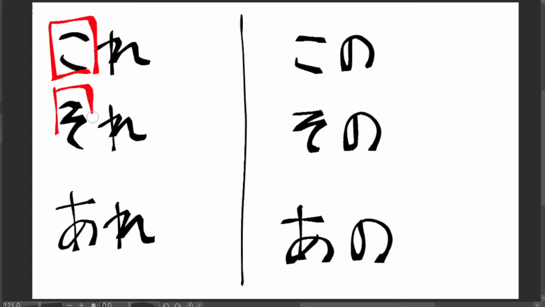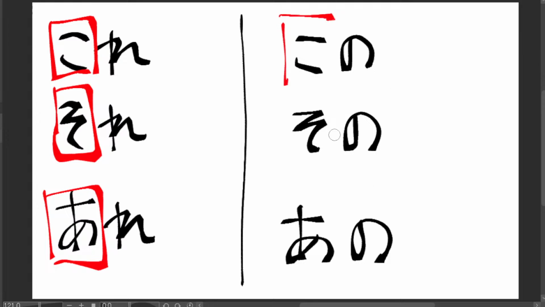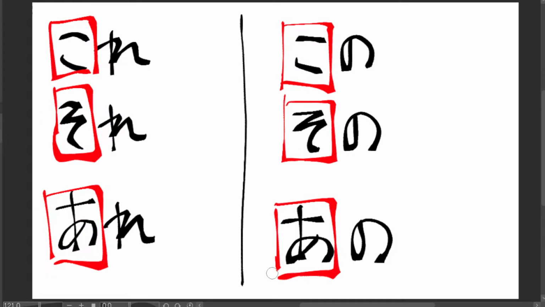Ko, so, a have a very similar pattern. Ko is something that is near to you, so is something that is near to the one you're talking to, and a is usually something that is far from both of you.